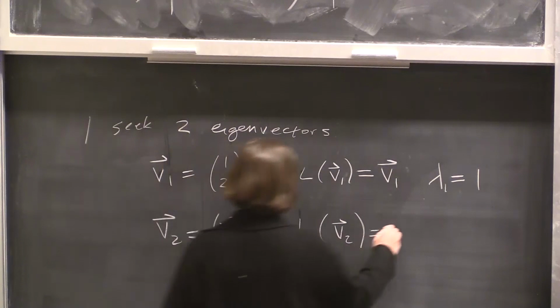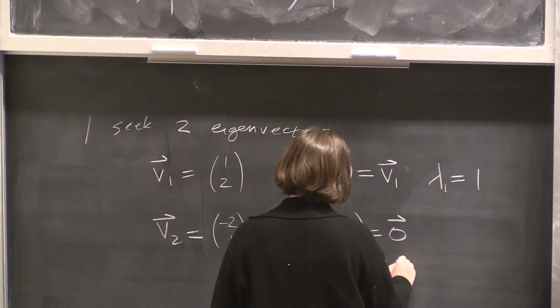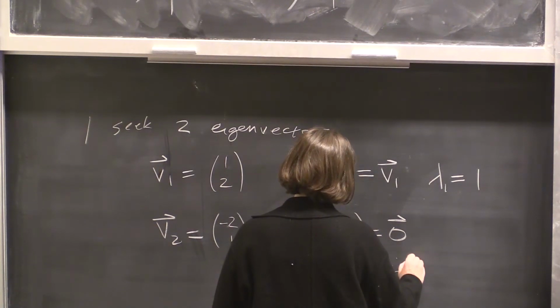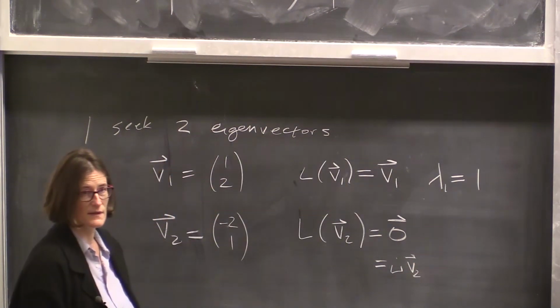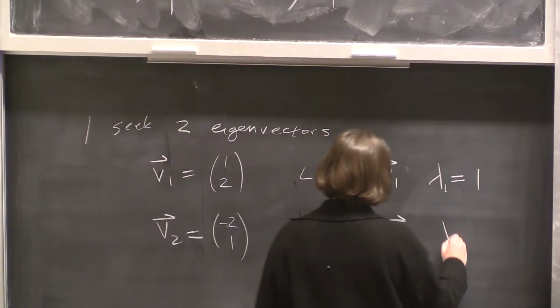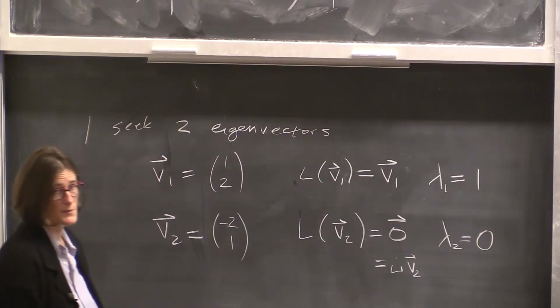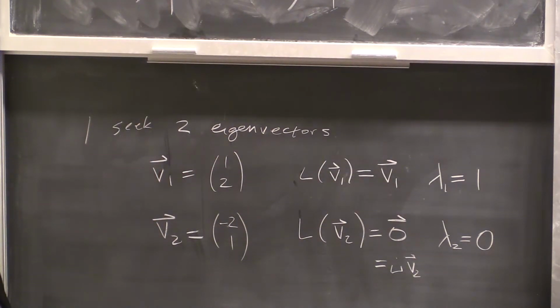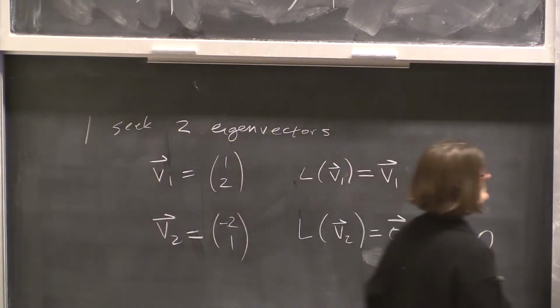The zero vector, which I can write as something times v2. What is that something? 0. I did not say anything against 0 eigenvalues. I have no problems with 0 eigenvalues. They're important. I do have a problem with the zero vector being called an eigenvector. So geometrically, that's what we expect.